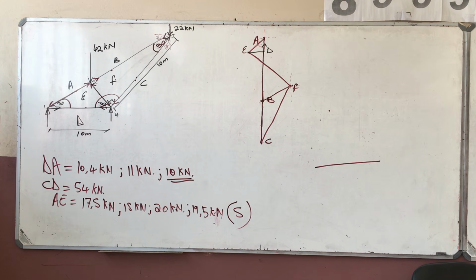BF, what did you get for BF? 26. You all got 26? 23. 35. 24.